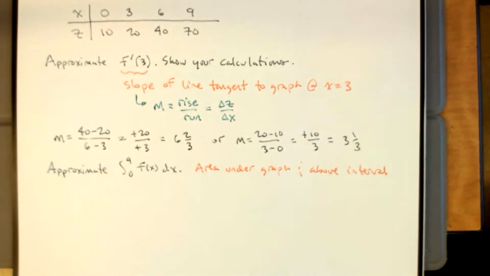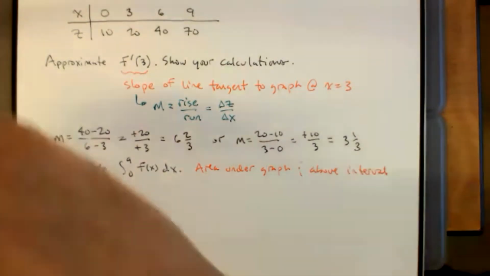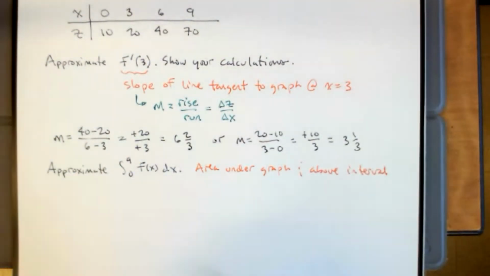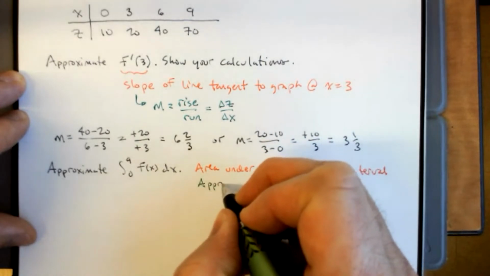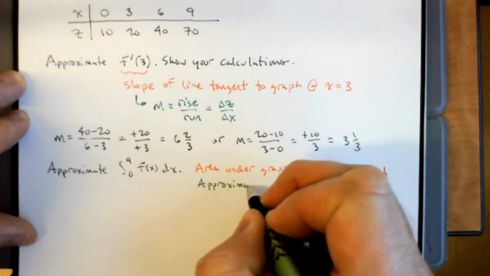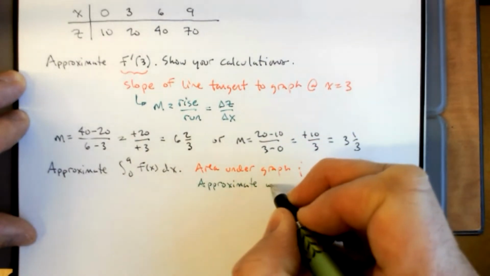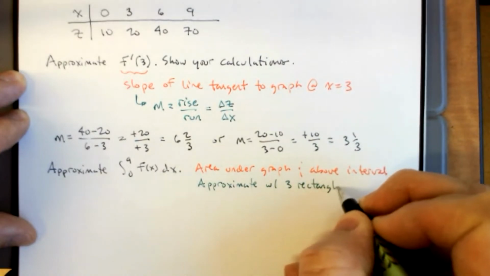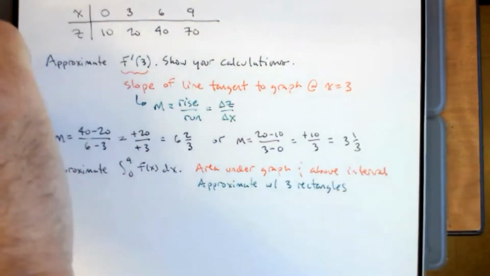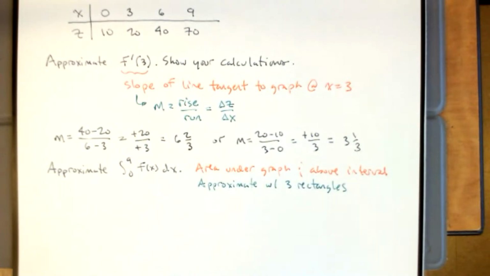And we are going to approximate this area using 3 rectangles. We're going to imagine this area as just being 3 different rectangles.